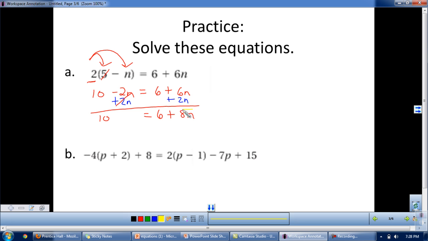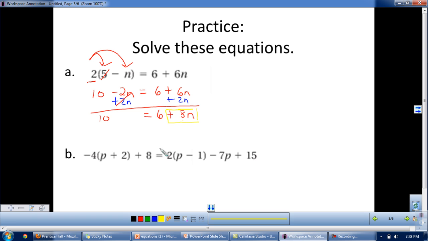Next, we are going to circle our term with the variable. That's the last thing that we want to take care of. Oh, you know what I forgot to do? I'm going to erase this. I forgot to highlight the sign. Now let's get rid of the 6.